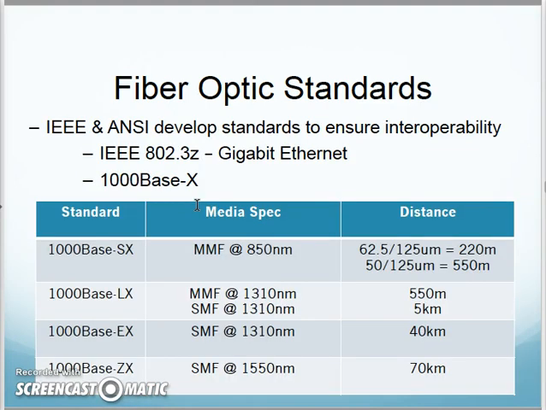The other ones that were developed were the IEEE standards for interoperability. The idea here is if I have a 1000BASE-SX port on a switch and I connect another switch with a 1000BASE-SX port, those two are talking the same and going to work the same, because they're using the same signaling, same wavelength, same bit rate, the whole nine yards. They should be interoperable and work.